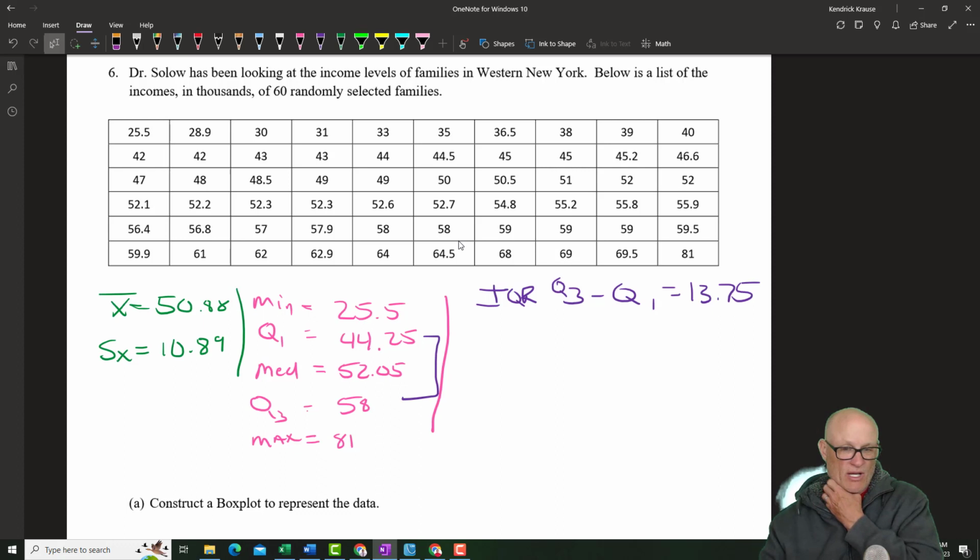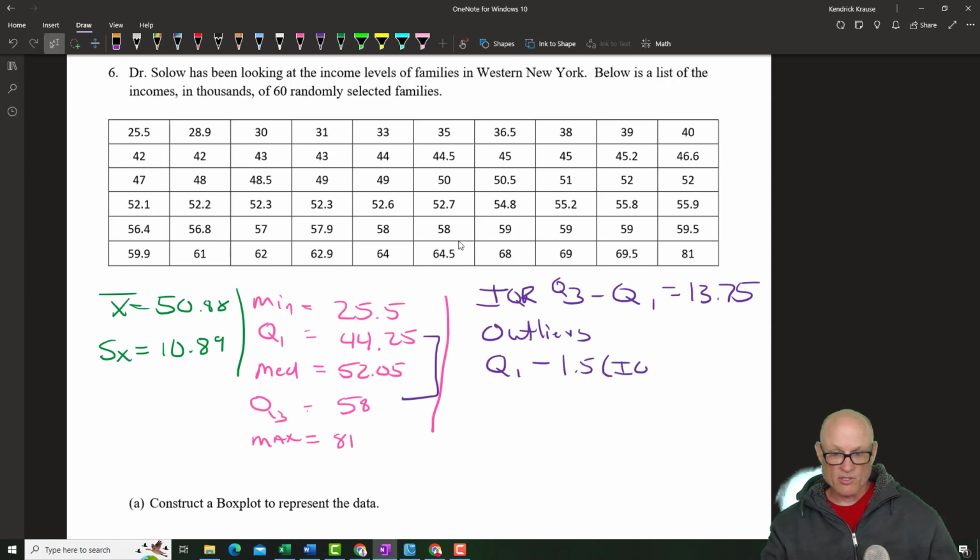Now I'm going to do my outliers. So that's Q1 minus 1.5 IQR. Let's do that first. So that's 44.25 minus 1.5 times 13.75.